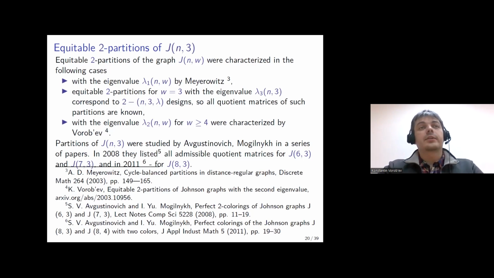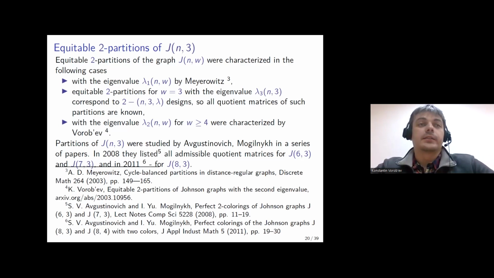And the last case, when W is at least 4 and the eigenvalue lambda 2 is the eigenvalue of our quotient matrix. Such partitions were characterized by me in 2020. It's still a preprint, but I hope it will be published soon.